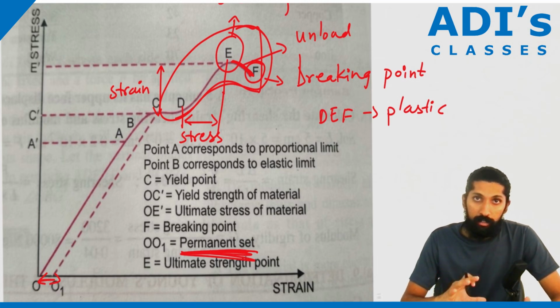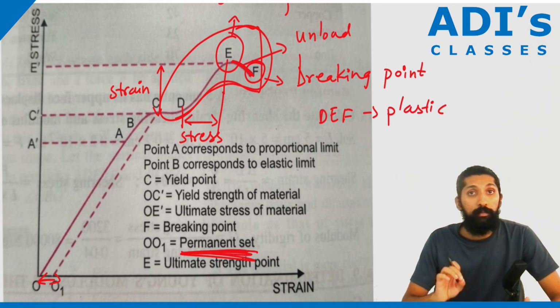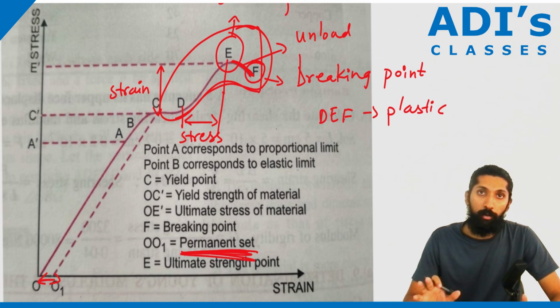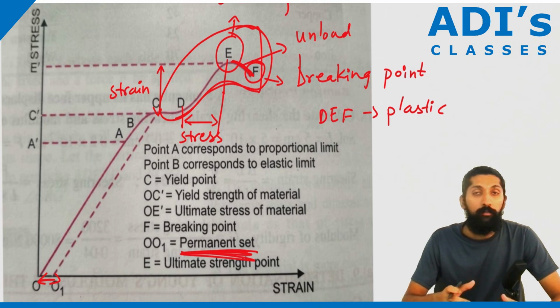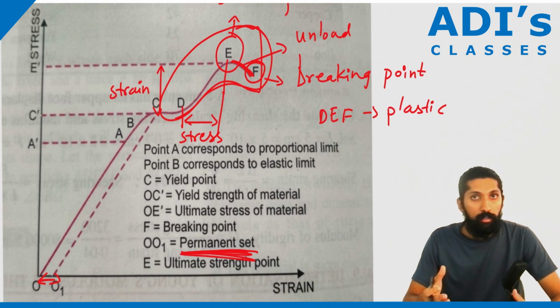Elastic region, plastic region, and you have the different points: one is the proportional limit, one is the elastic limit, yield point, and then you are going to have ultimate stress, and finally the breaking point. Alright, this is the relation between stress and strain whenever you have a spring or a wire and you're giving load to that particular body.